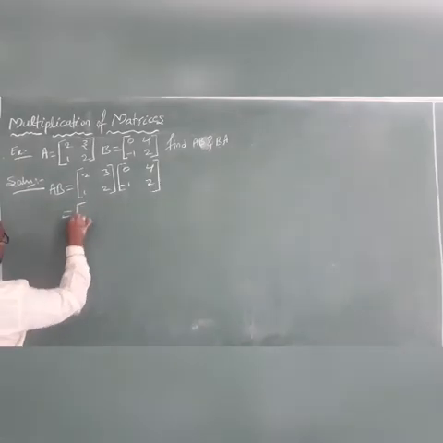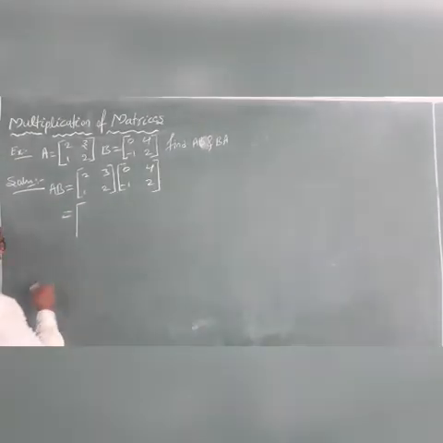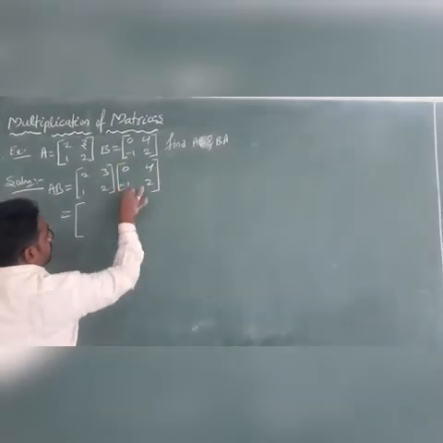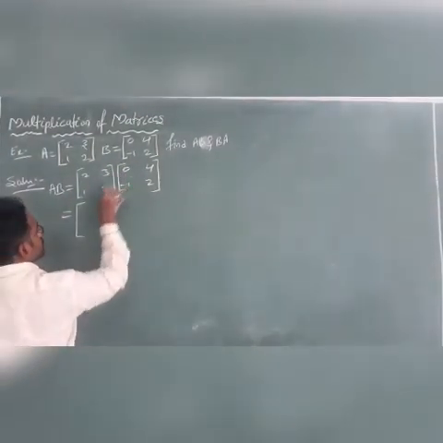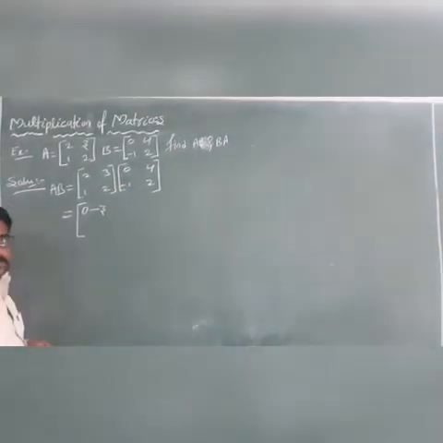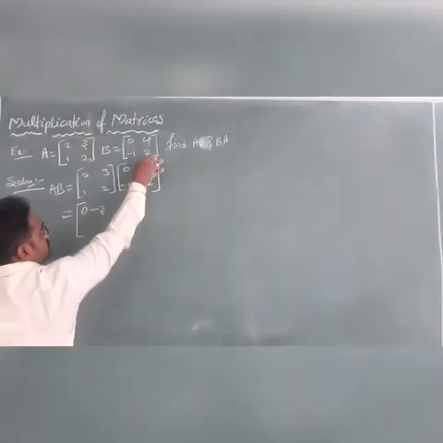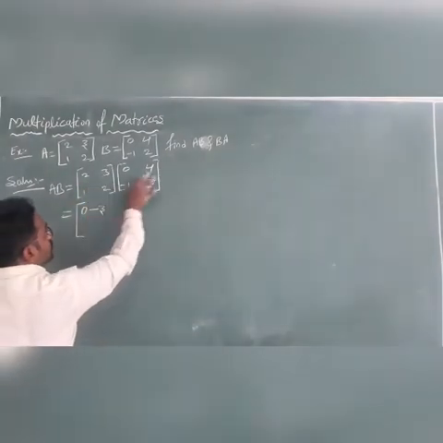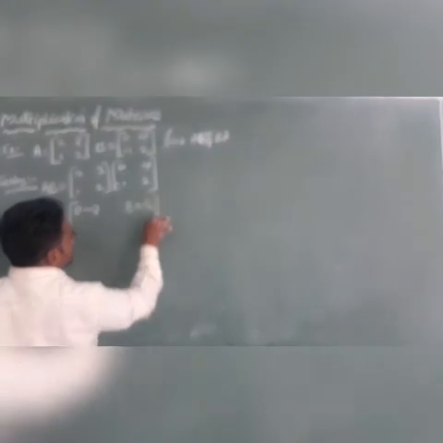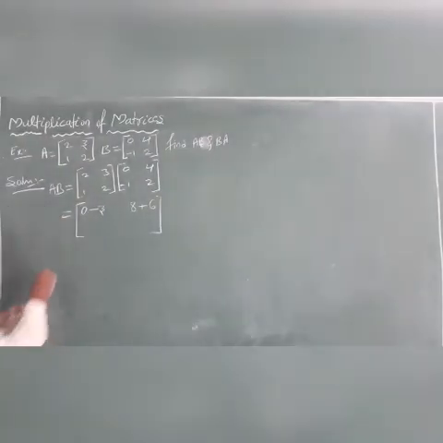So what is the product here? What is the condition, students? The first row with first column elements 2 into 0, 0, 3 into minus 1, that is minus 3. Next, first row with second column elements 2 into 4, 8, 3 into 2, plus 6. The first row elements are over.